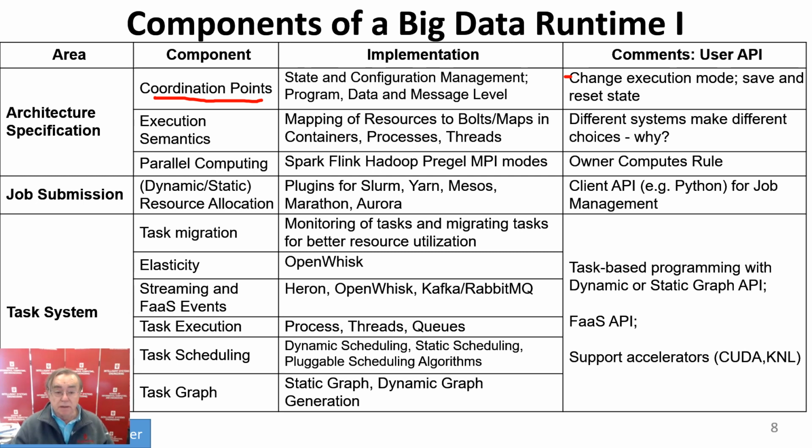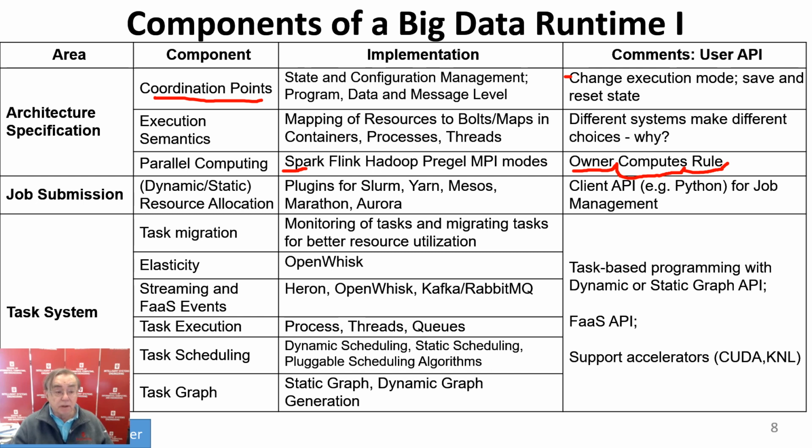Then we have parallel computing, and we have these entries here: Spark, Flink, Hadoop, Pregel, MPI. They all have different modes, and they reflect parallel computing being universal, but being implemented in different ways. When we discuss parallel computing, we should note, although I don't think the slides do, the owner computes rule, which is reflected in most of these modes.